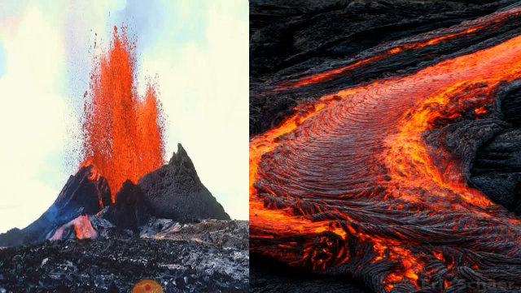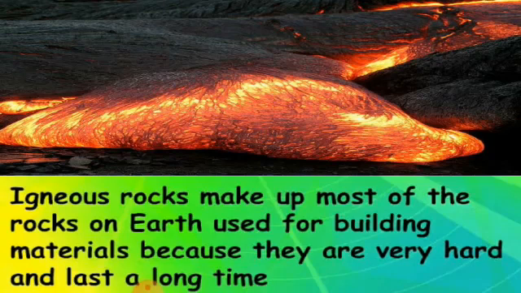See, children, how the hot liquid, that is the magma, gushes through the earth's crust and slowly flows down. Igneous rocks make up most of the rocks on earth, and are used for building materials because they are very hard and last a long time.